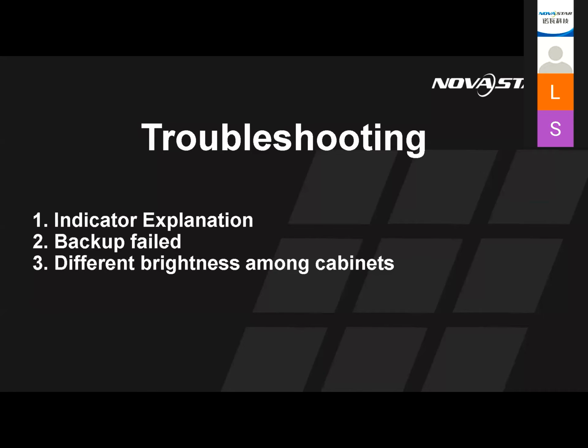The second one is, what if backup failed? How can we troubleshoot it? What will be the reason for backup failing? The third one is different brightness among cabinets. Sometimes you see several modules whose brightness is different from the others. So what would be the reason for this issue? Okay, the first one is indicator explanation.